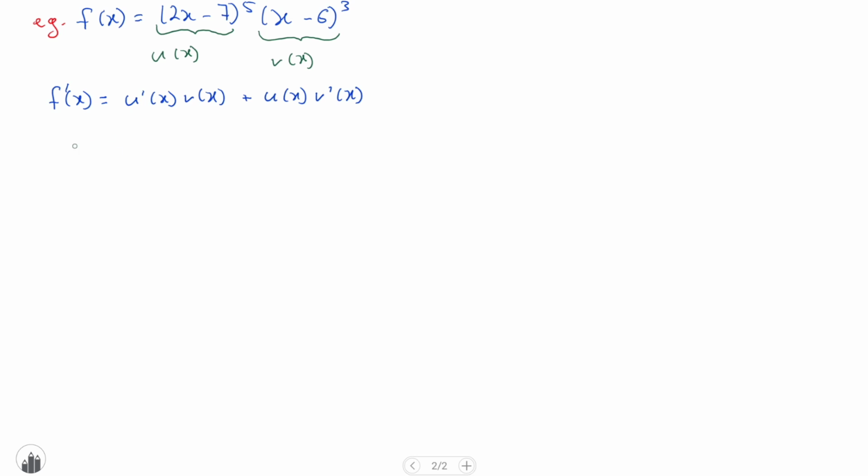So let's define our function u of x. U of x here was 2x minus 7 raised to the power 5. We need to find the derivative of this, and to do this, you'll notice that we'll need to use the chain rule once again. So really, this is a combination of two things, the chain rule and the product rule.